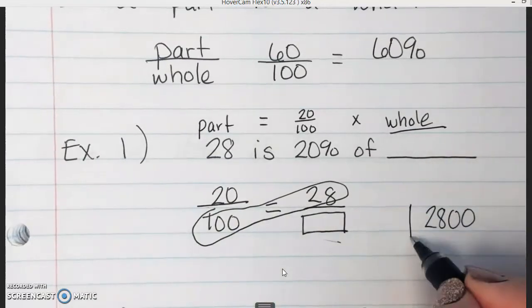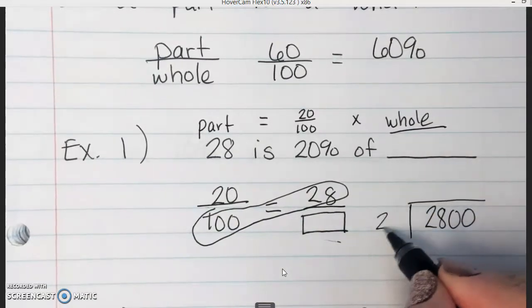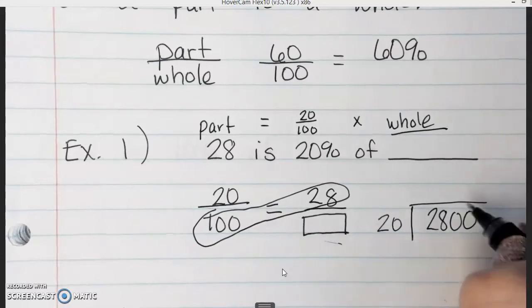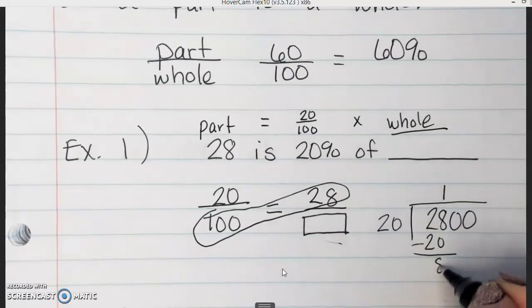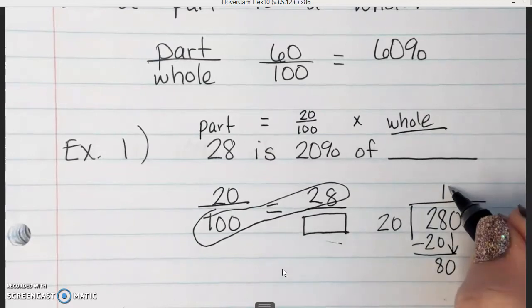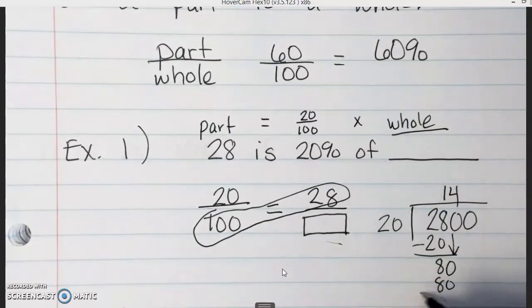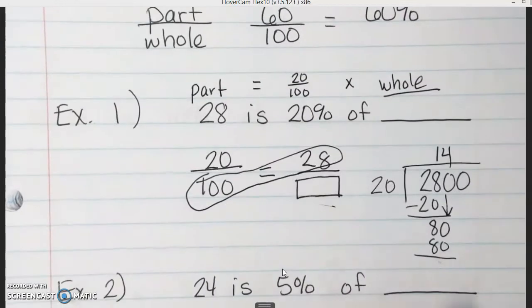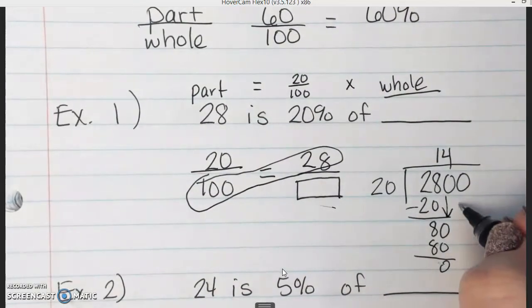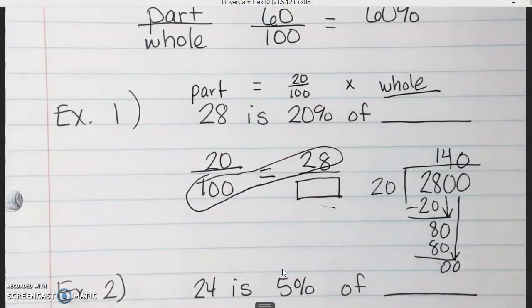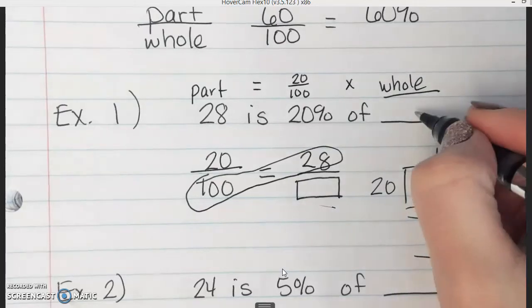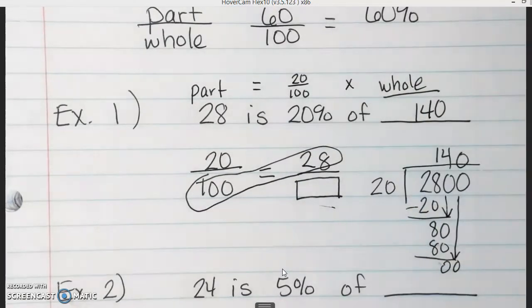So we're going to divide by 20. Alright, so that gives me what for my whole? 140. So my whole was 140.